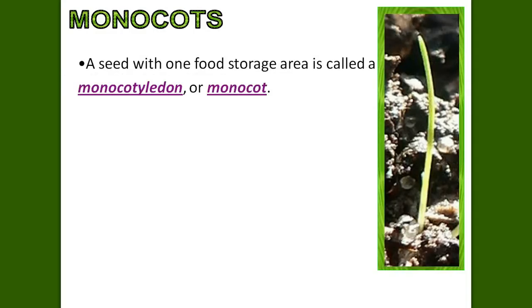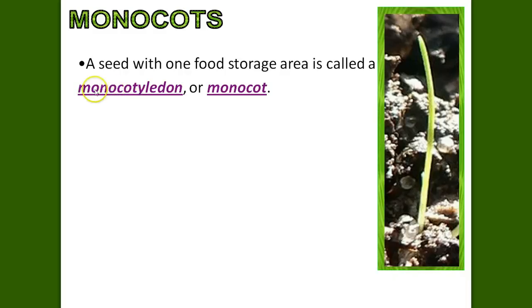Monocots. Let's look and see if we could tell. A monocot is a seed with one food storage area called a monocotyledon, or monocot. It just depends on how you pronounce it.